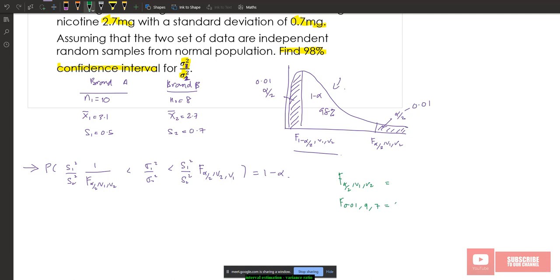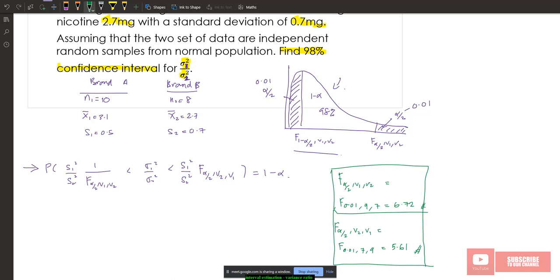So this one should be equal to 6.72 by looking at the statistical table. When alpha divided by 2, V2, V1 is equal to F 0.01, V2 is 7, V1 is 9, this one is equal to 5.61. So these values are from the statistical table, right?